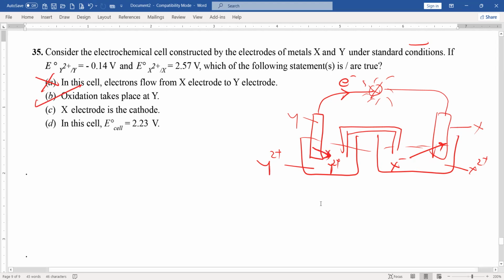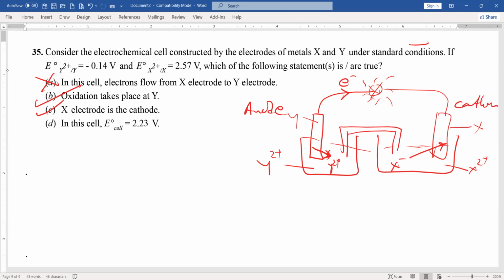Y dissolves and gives us Y2 plus ions to the medium. So the second, X electrode is the cathode, that is correct. Y is oxidizing, then anode; X is reducing, so cathode.